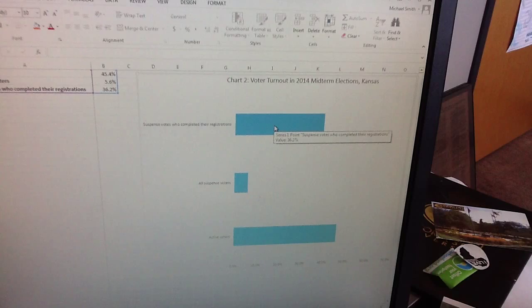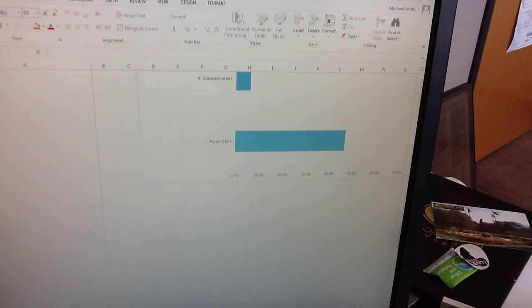And then finally, if we just look at the subset of voters, those 3,705 suspense voters who completed their registrations, the turnout rate was a little bit better. It was, let me see here, forgive me, I don't have the statistics right at hand, but it was somewhere between 30 and 40%.